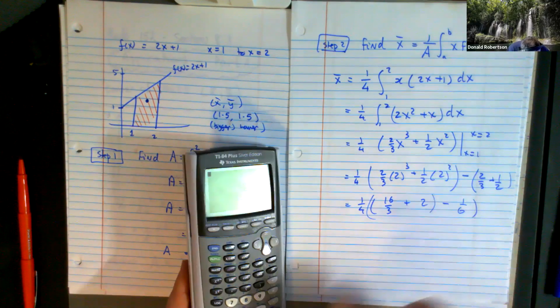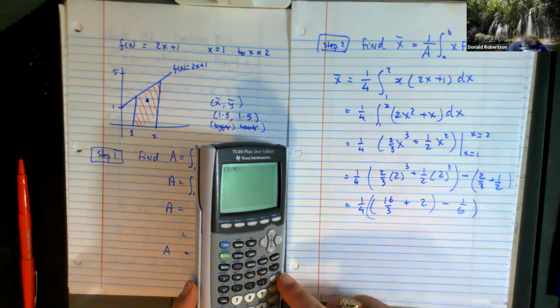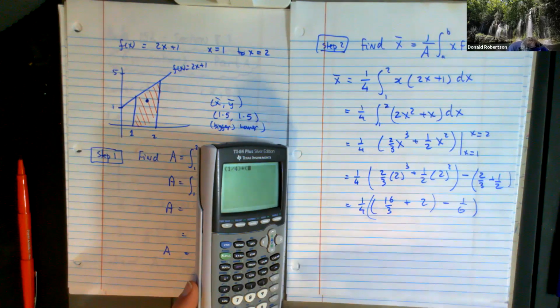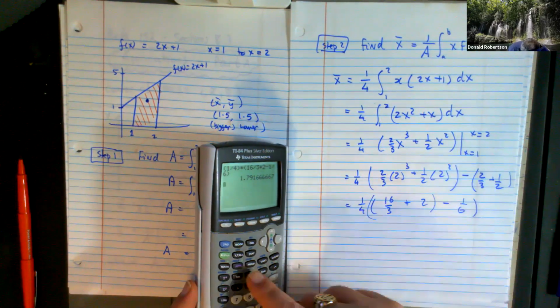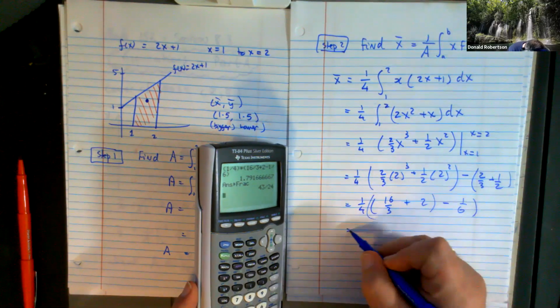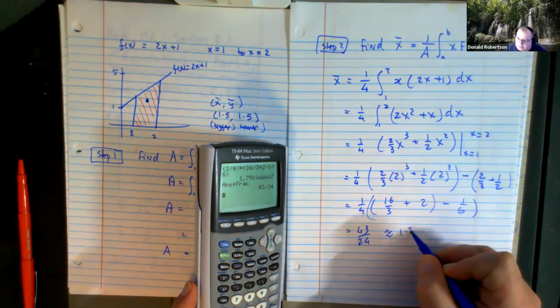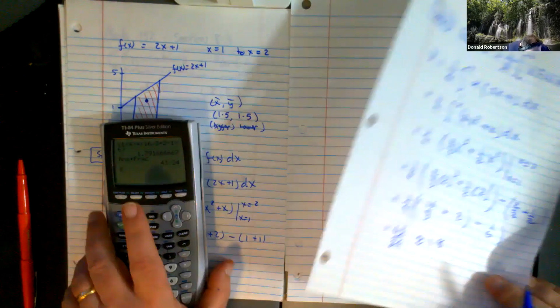On the calculator, put a little bracket around it, there's 1/4. Multiply it by a bracket, that plus that, take away that. So 16/3, add a 2, take away 1/6, and then hit the math button and fraction, and 43/24, which is very roughly about 1.8. So what was that guessing game we did? Where did I put it?